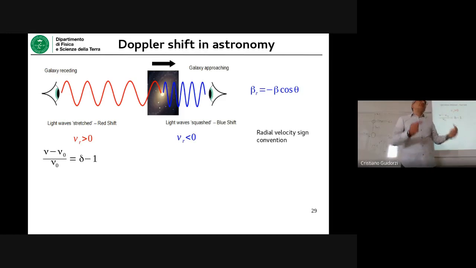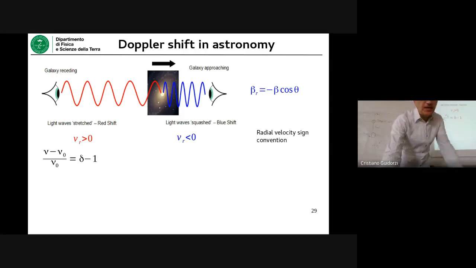Because in that case, when the velocity is going towards the observer, we use theta, so the plus sign. In this case, this corresponds to the minus. It's not just to make things messier. It's just that in astronomy, this was the convention. So when you want to apply the Doppler factor formula that we learned, you have to pay attention to that.